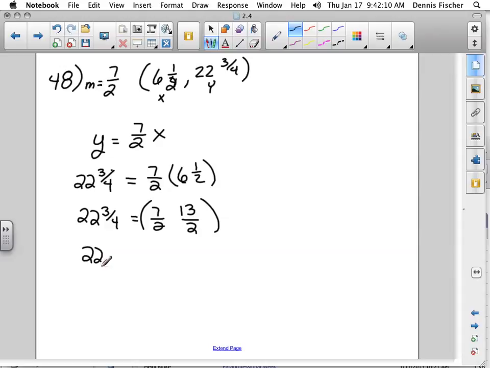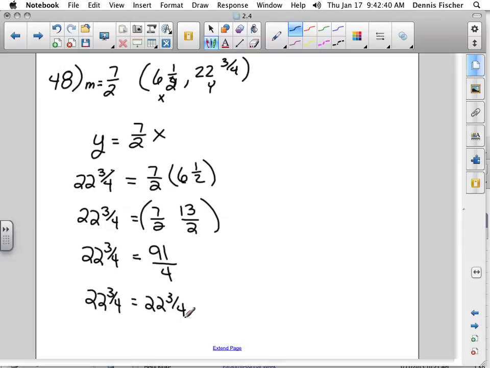Remember it's multiplying, there's no equal sign, so I'm just multiplying straight across. So I'm going to get 91 over 4. Now if I break that down, I get 22 3/4 equals, and if I divide this out, 4 goes into 91 22 times with 3 left over, so 22 3/4. So 22 3/4 equals 22 3/4. Is it a direct variation? Yes. Now that's one way.